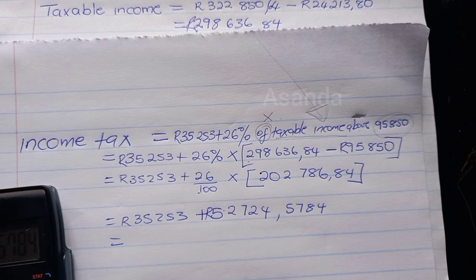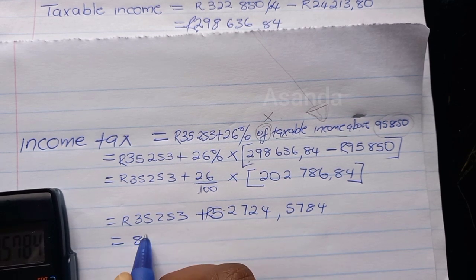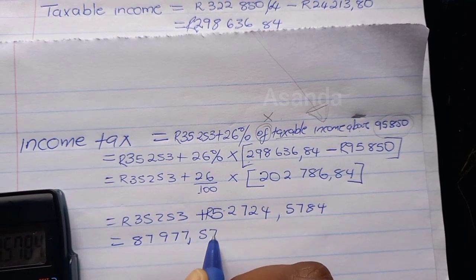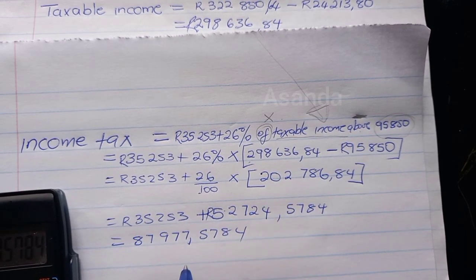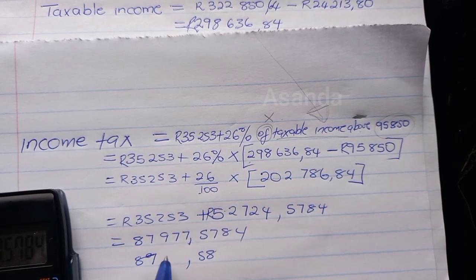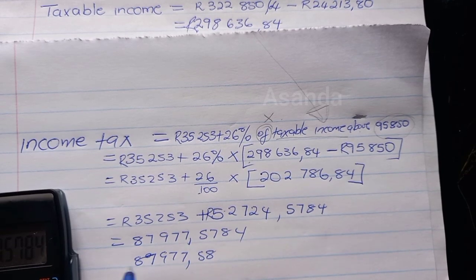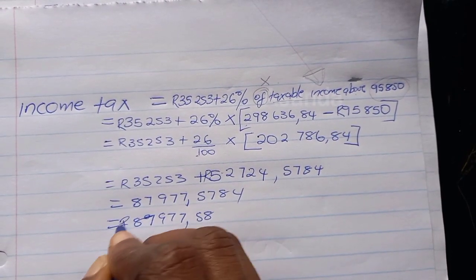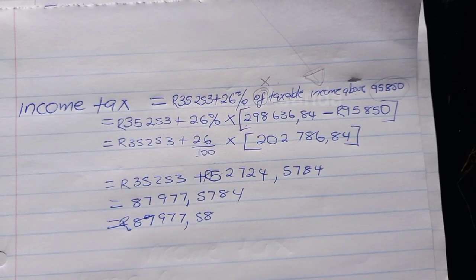I just say plus 35,253. And the answer is 87,977.5784. Now I can round off to 87,977.58. Okay, so that is our income tax that is expected to be paid by Amy.